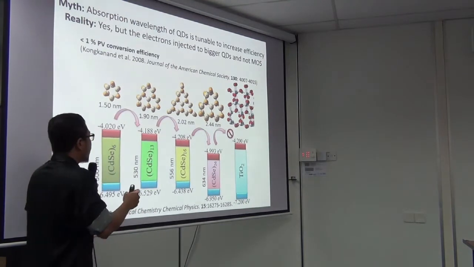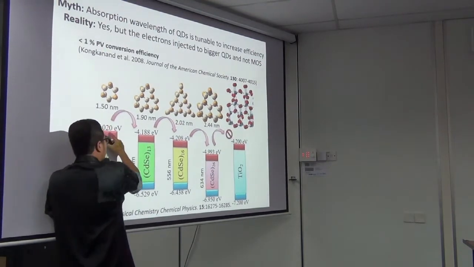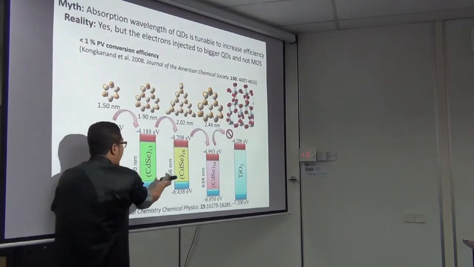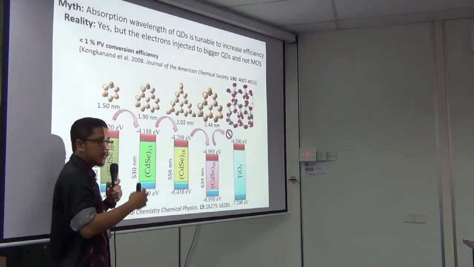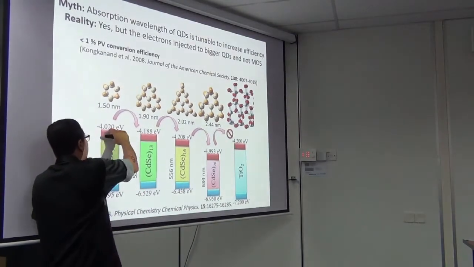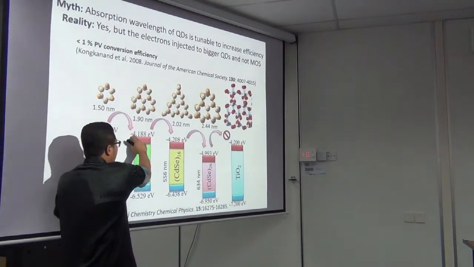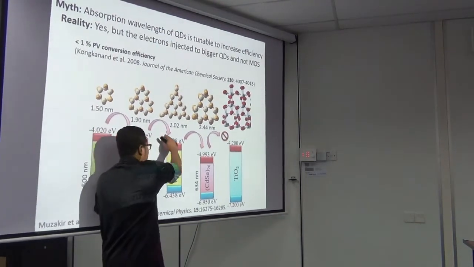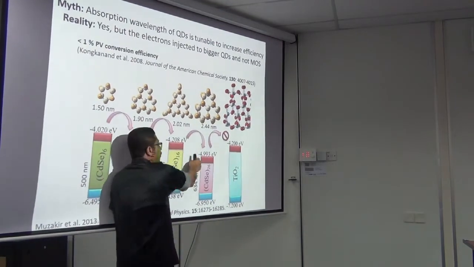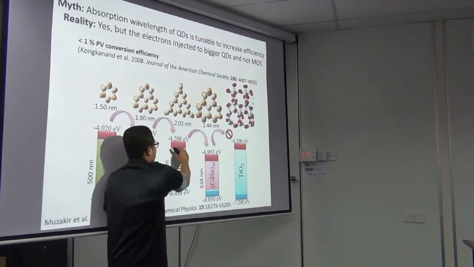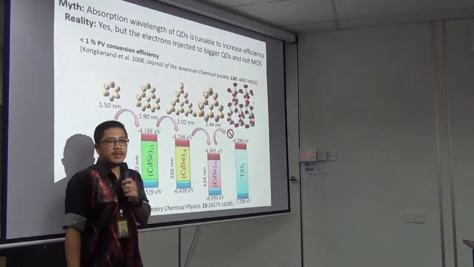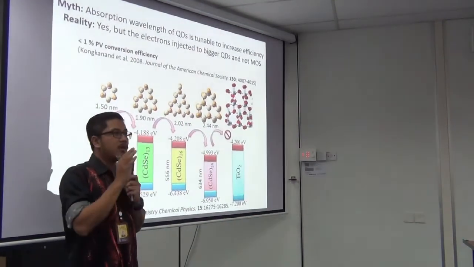Plus, this is not good. Electrons will be excited at each quantum dot separately. However, this excited state electron will be injected to the neighboring component, and then to the next neighboring component, and the next. This mechanism is not good. This will slow the electron injection.